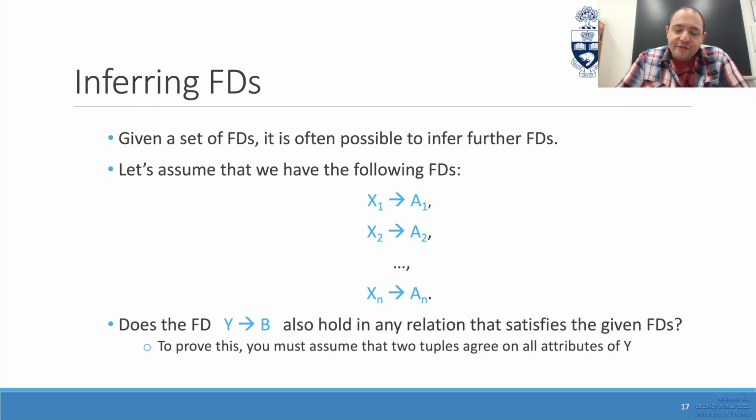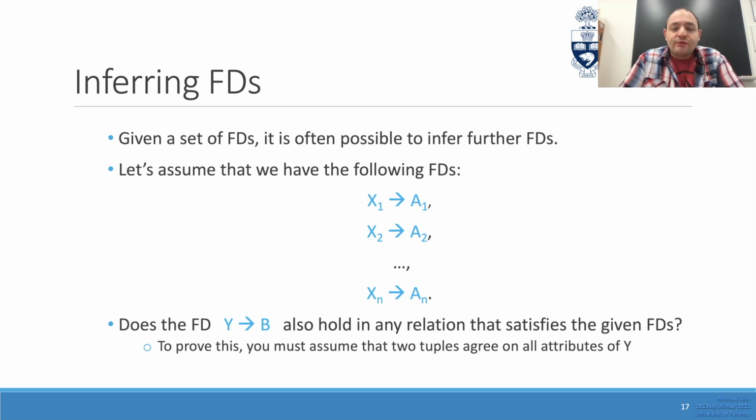Now, when we look at inferring functional dependencies, so given a set of functional dependencies, it's actually possible to infer even more functional dependencies. So we can continue down a chain. And this helps because we have the domain knowledge and we often are able to make those connections.